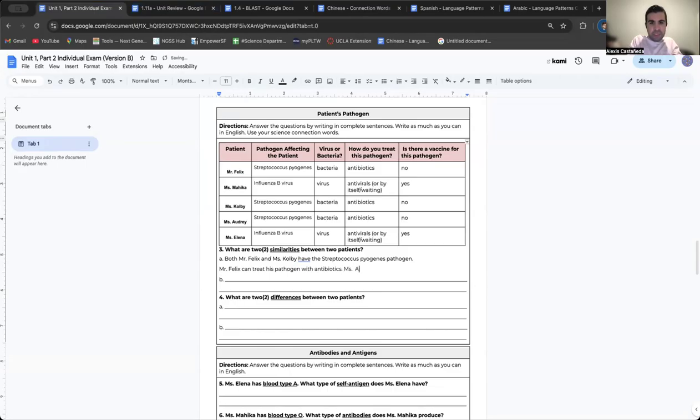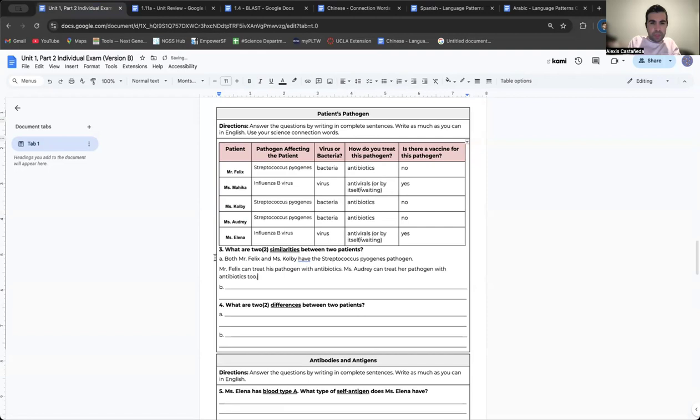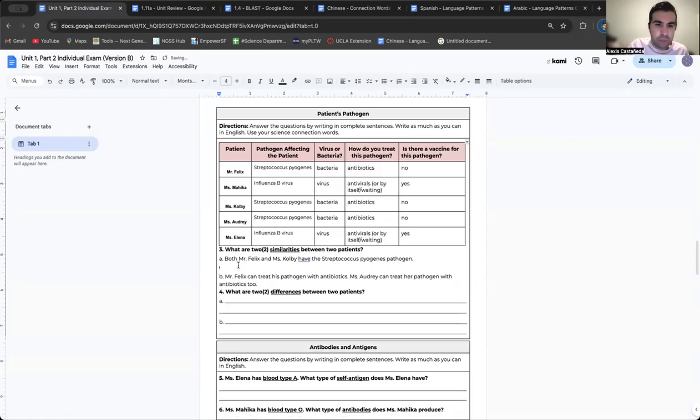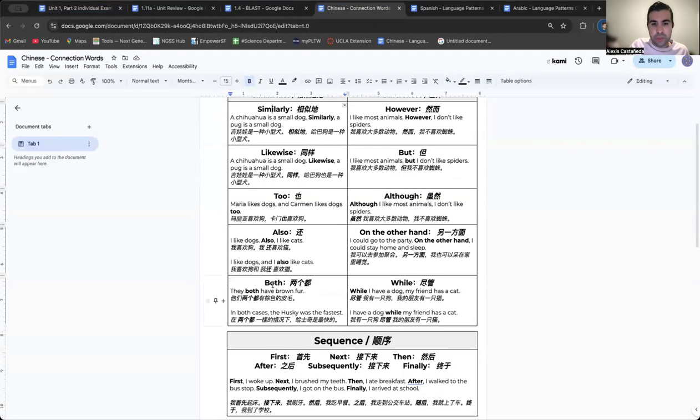Miss Audrey can treat her pathogen with antibiotics too. So you don't have to write this one again. You can use different connection words, but as you see, we use the word both in this case. And here we use the word too, right? Those are two of our connection words, both and too.